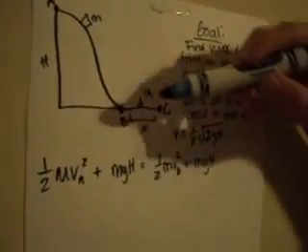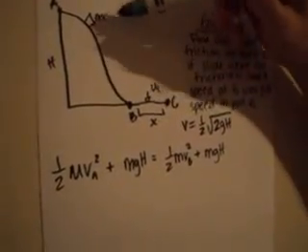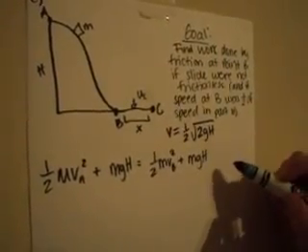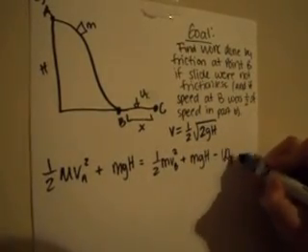And then also at point B, after having traveled down this slide of friction, the object is going to have lost energy due to friction, so you have to account for this by subtracting the work done by friction.